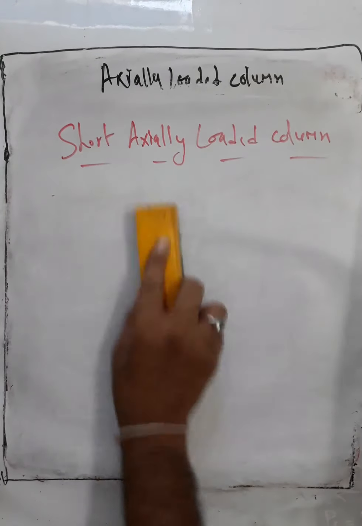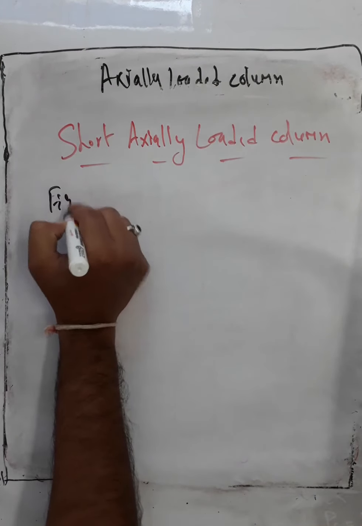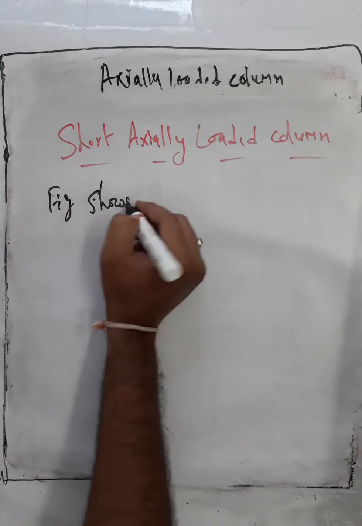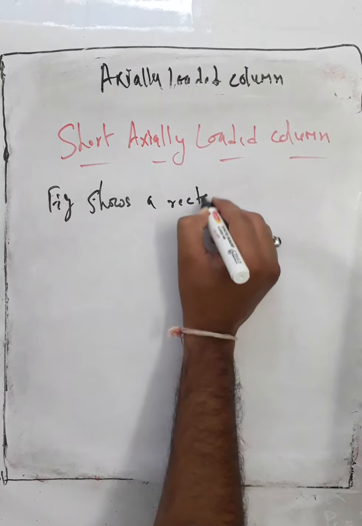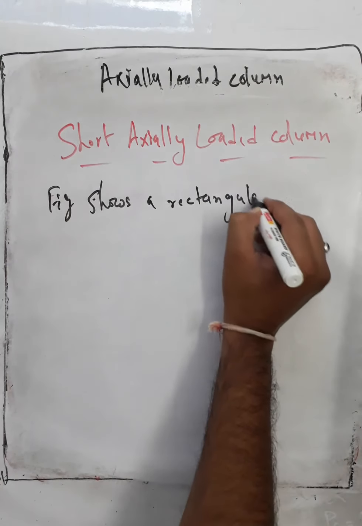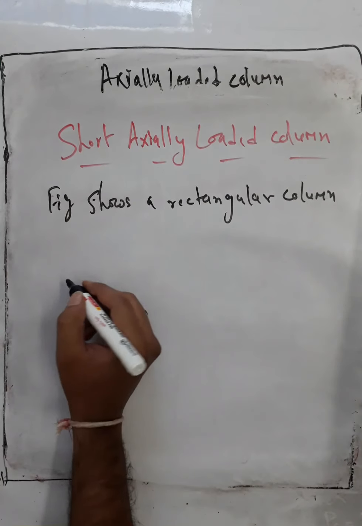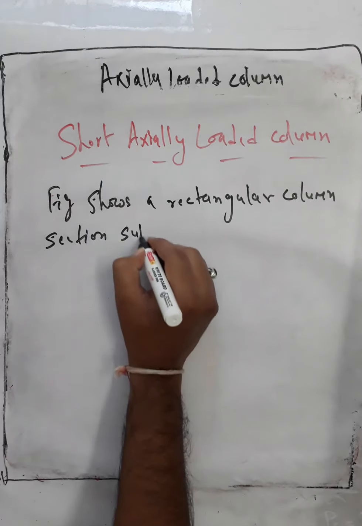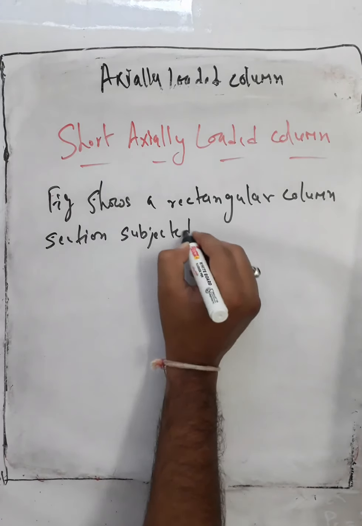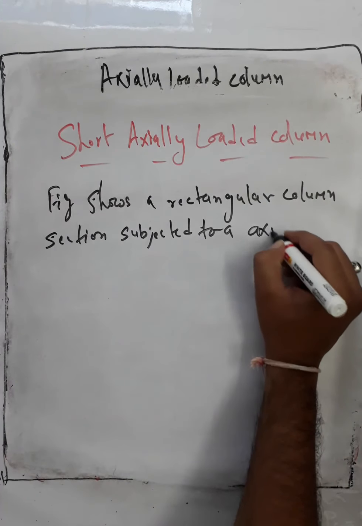So let's see. The figure shows a rectangular column section subjected to axial load.